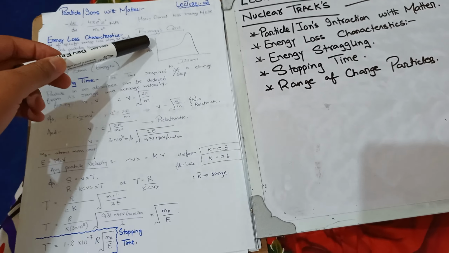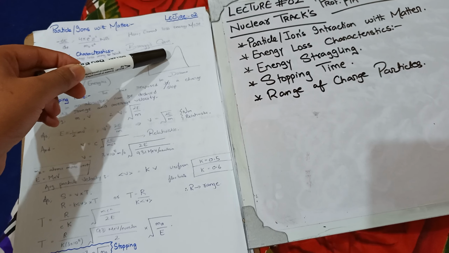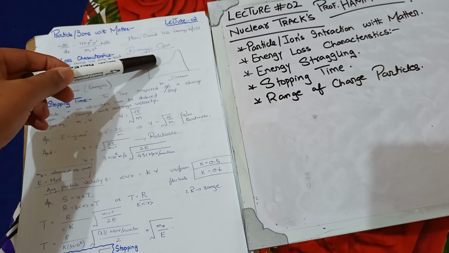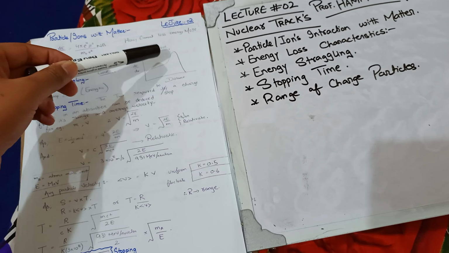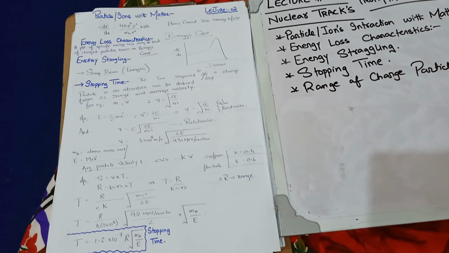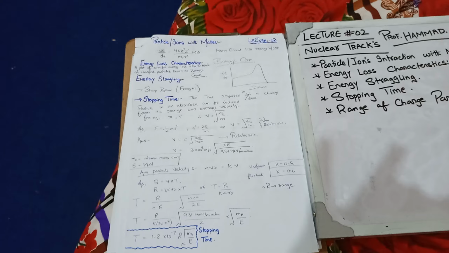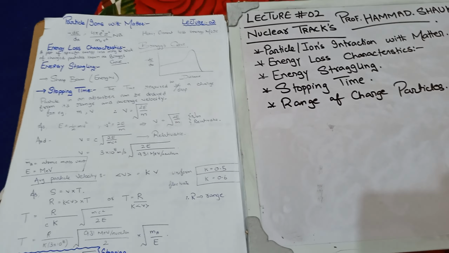After some distance of penetration into the material there is a bump, meaning a high loss of energy, and then a sudden decrease because the particle loses all its energy and stops in the material. So this is the energy characterization, and we know it as Bragg's curve.